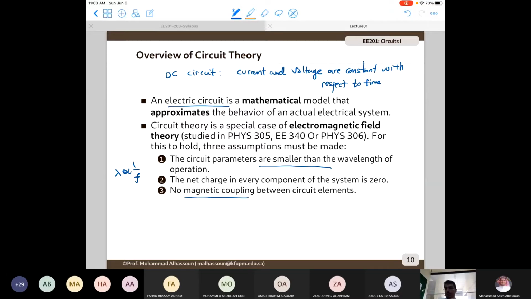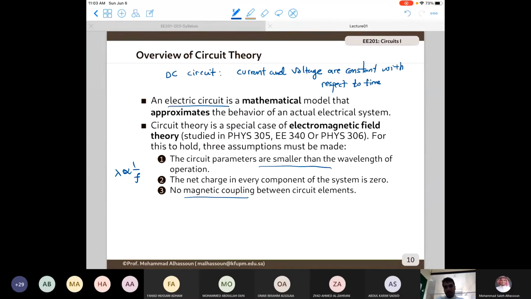What usually happens is, let's say you have a wire that carries a current that's varying with respect to time, and you have another wire next to it, not very far away.